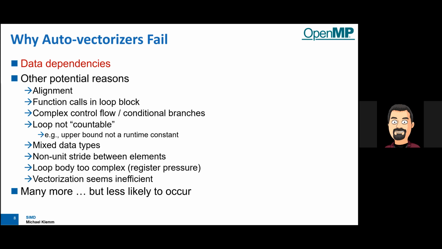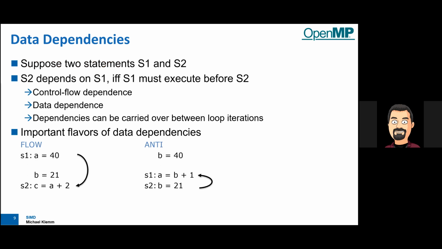All right, what are data dependencies? So if you have two statements, statement 1, statement 2, then S2 depends on S1 if you have to execute S1 before you can execute S2. And if you reverse that order, you break the correctness of your code.